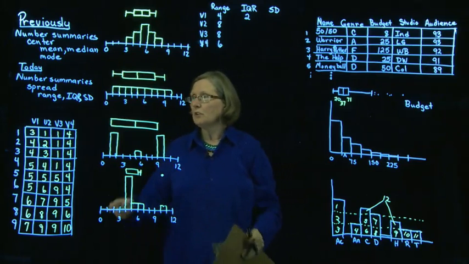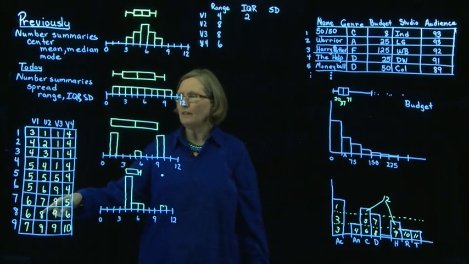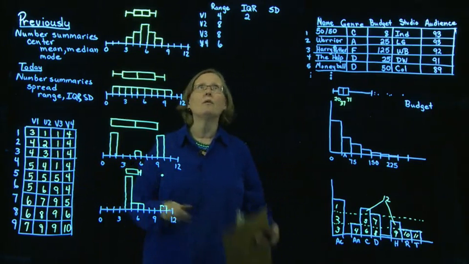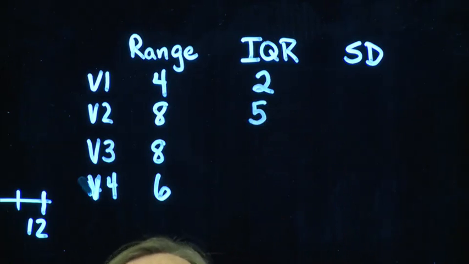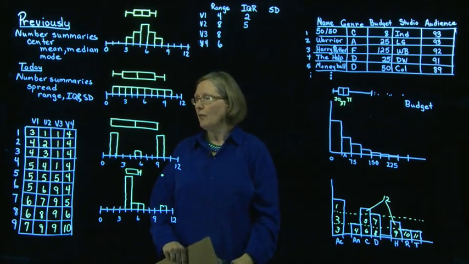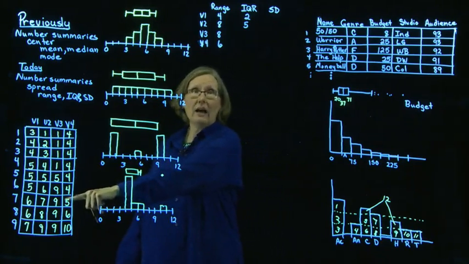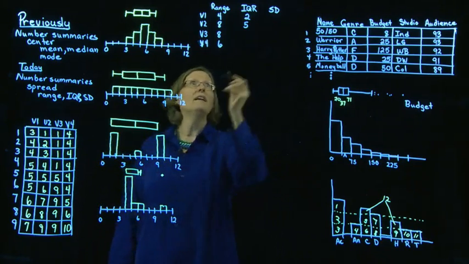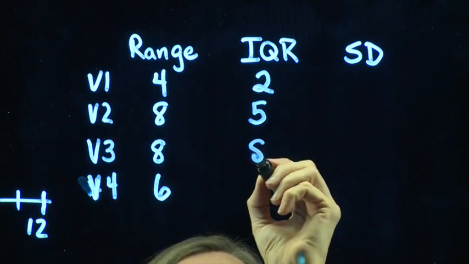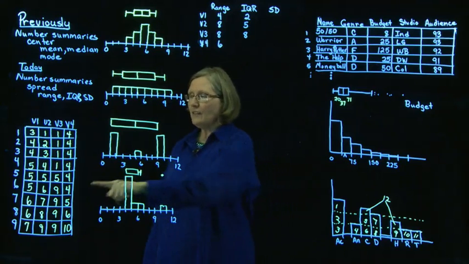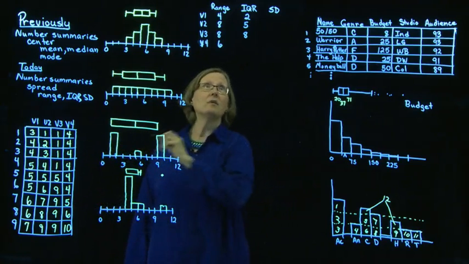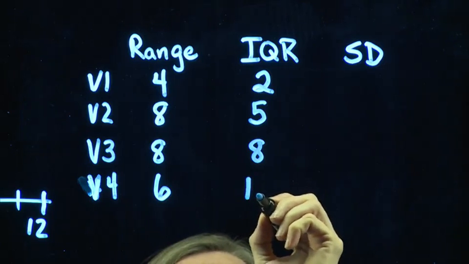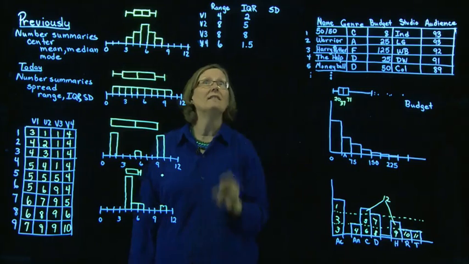For variable 2, the 75th was 7.5, the 25th was 2.5, and so the interquartile range is 5. For variable 3, the 75th is 9, the 25th is 1, so our interquartile range is 8. And for our last variable, the 75th was 5.5, the 25th was 4, so the interquartile range is 1.5.